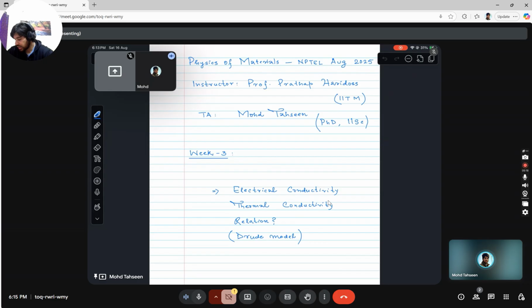Once we measure the conductivity, that's a quantitative value from those experiments. Then we would like to inquire what happens inside the material that gives rise to this conductivity.